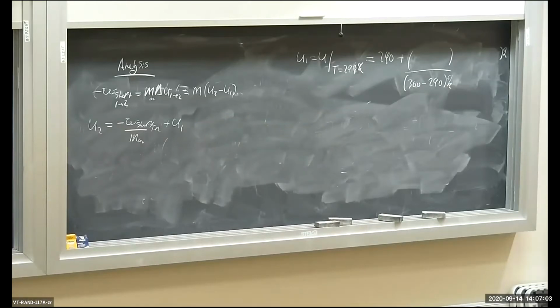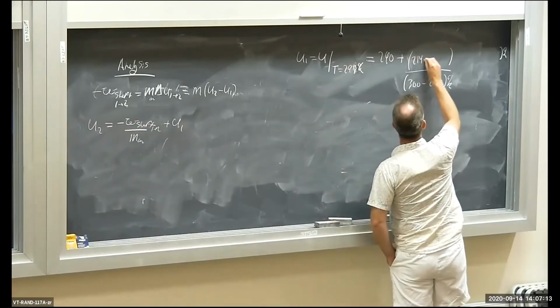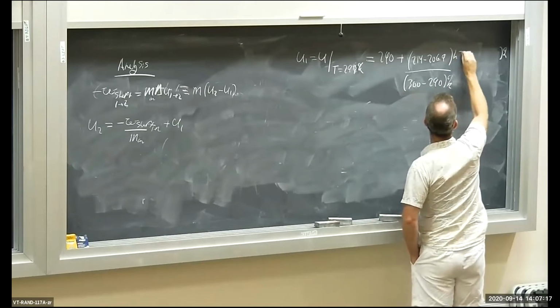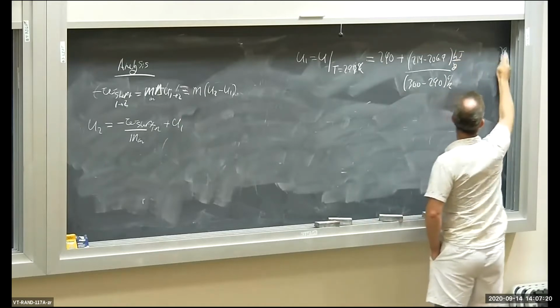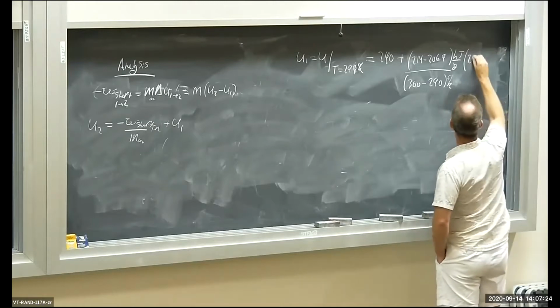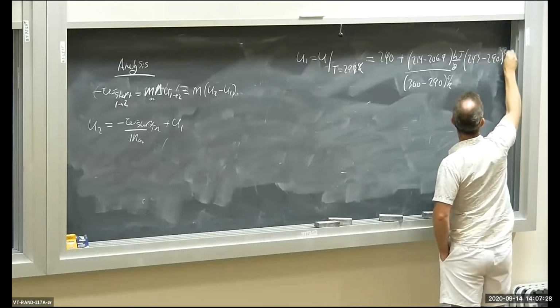I should have done this beforehand. 214.07 and 206.91 kilojoules per kilogram, and then 293 minus 290 degrees Kelvin.